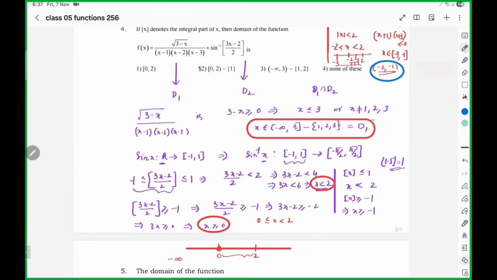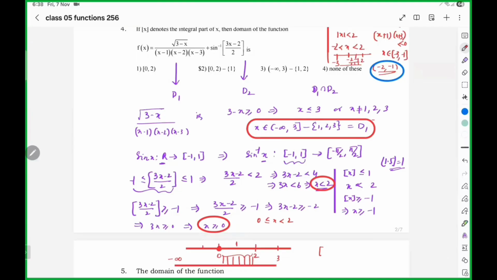So minus infinity to, sorry, plus 3, except 1 and 2. 1 will be here in between. So that means this is the common part.